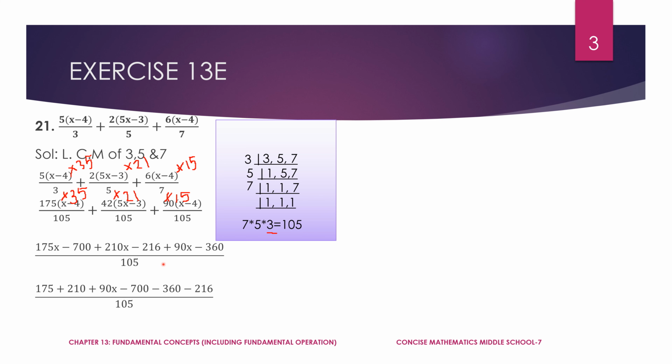So just put a plus sign and you can add them. I have arranged all of it in one place. Again a typing mistake. That should be 175x, 210x. So when you add it, when you add these x terms, you will get 475x.